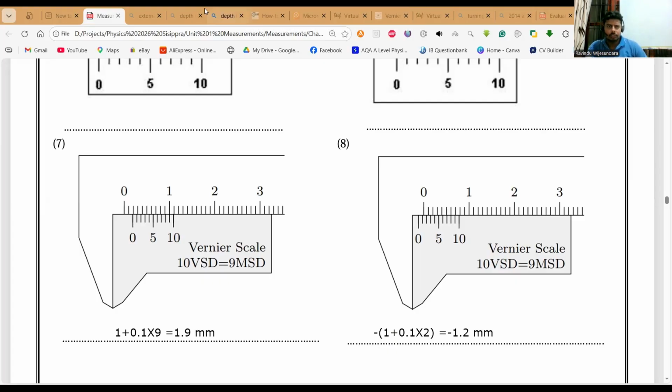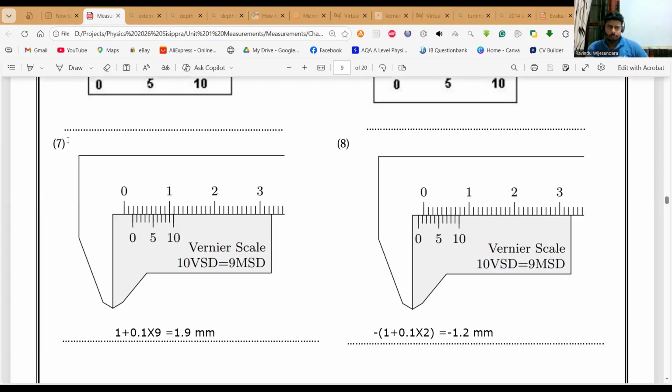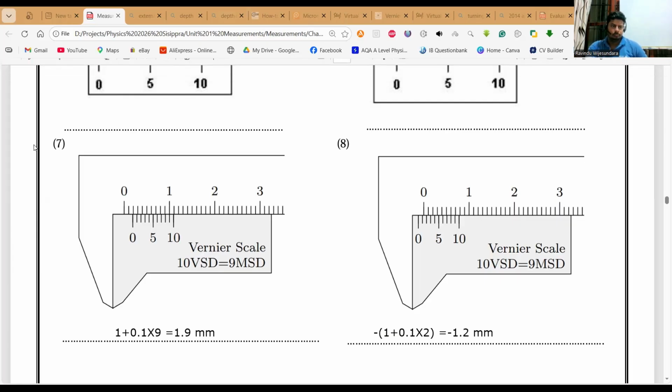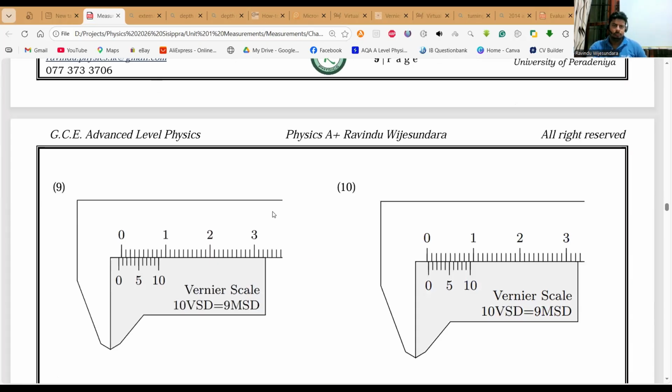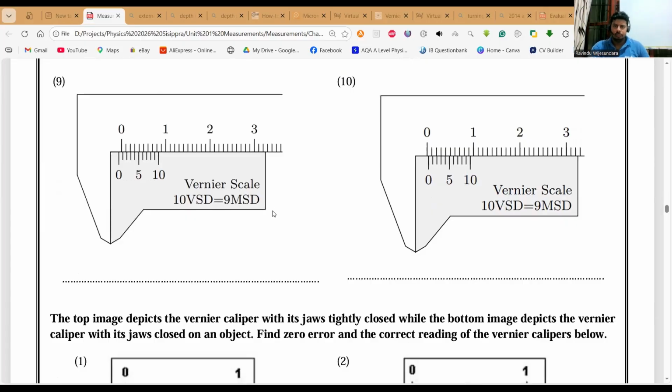Right. If you have got these answers correctly, good. Then you can check the 9th and 10th one also quickly. What are the values that we are getting? Once you directly see, you know it is a negative one. So put the negative mark. Read from the back side, that is 0 plus 0.1 multiplied by the number of divisions coinciding, the sixth one.